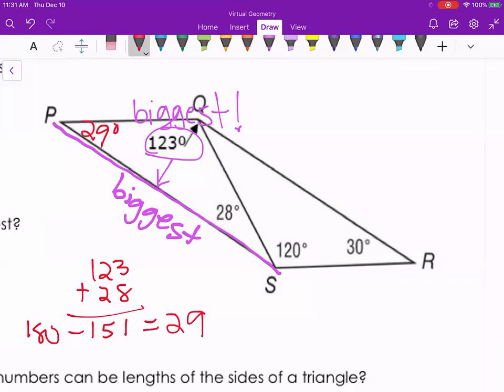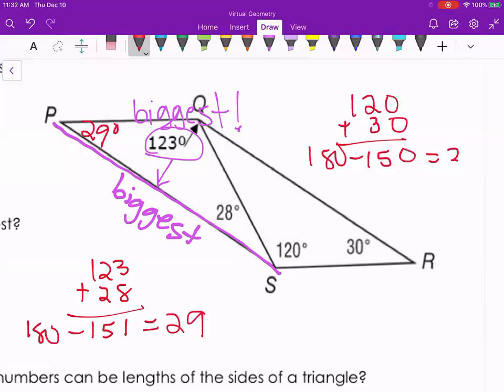Okay, so right now 28 is the smallest. So let's get the missing angle in the triangle on the right here. So 120 plus 30 gives me 150. Take that out of 180. And my leftover angle there is 30.